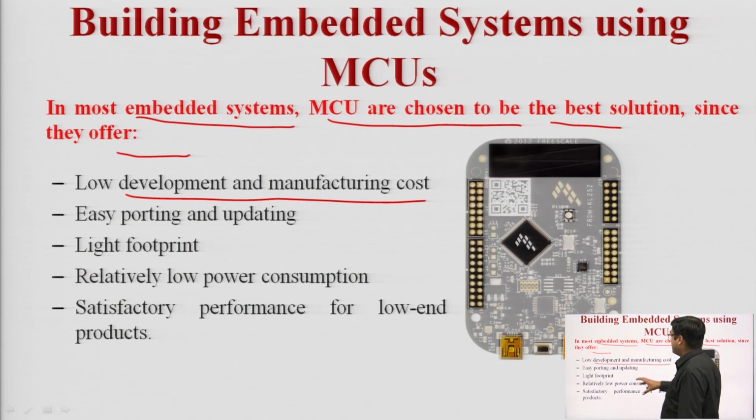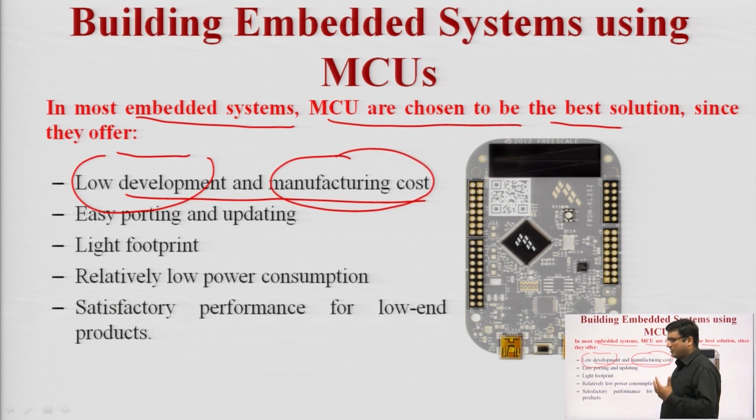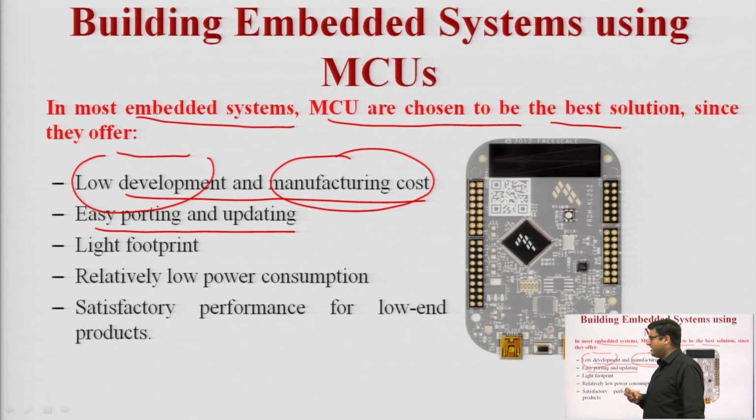With microcontrollers, the development cost is low and the manufacturing cost is low. This is the main requirement, because if the cost is more, nobody will buy it. They also offer easy porting and updating: it is easy to upgrade, easy to port, and easy to interface devices. They have a light footprint, which basically provides a low cost processor.